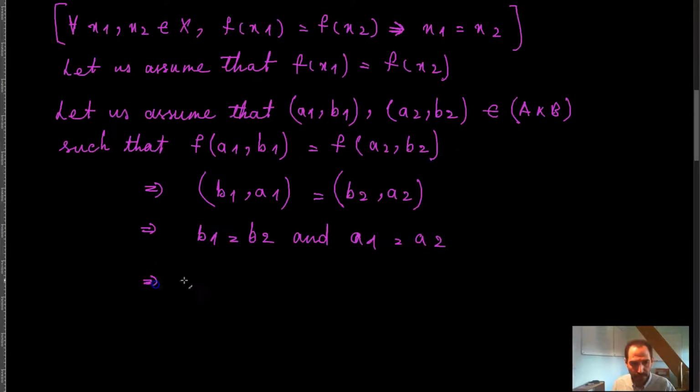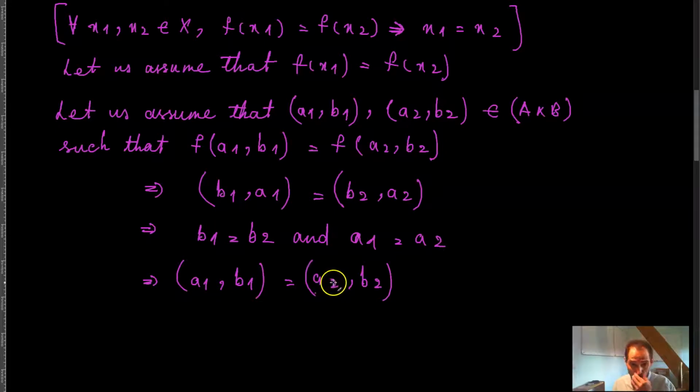So this means that A1 comma B1 is the same thing as A2 comma B2, or they are equal, because A1 is equal to A2, the first element is equal to the first element, and B1 is equal to B2, the second element is equal to the second element. That means that these are equal.